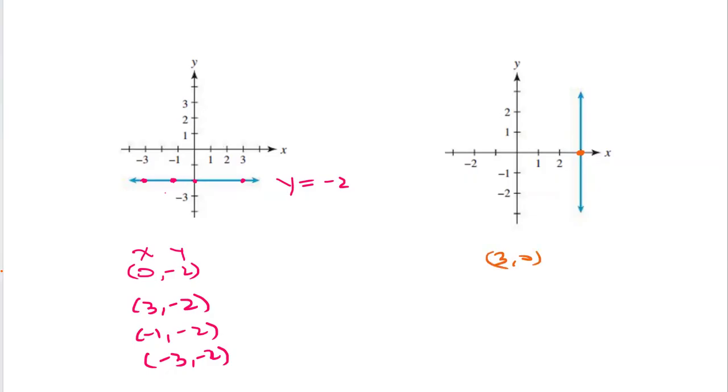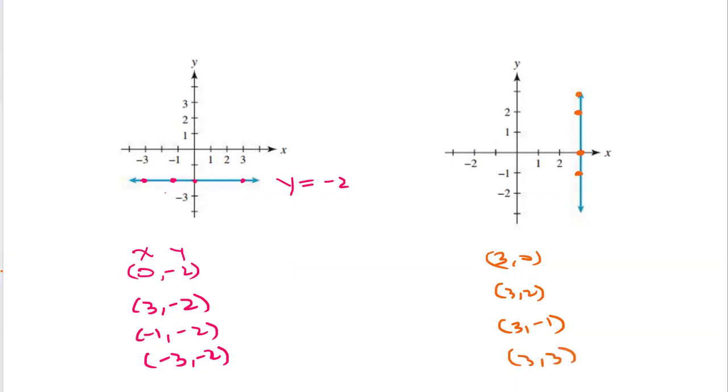We got 3, 2. Okay. Give me another one. Okay. 3, -1. And then one more. Okay. 3, 3. Okay. So up here.